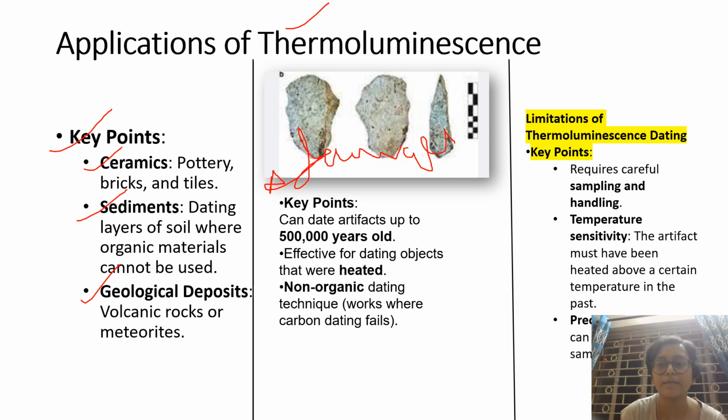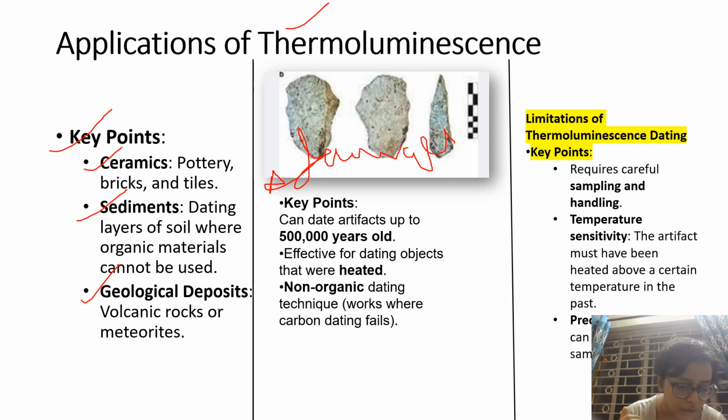Now let us discuss the limitations of thermoluminescence dating. So what are the limitations? Very quickly we will get into it. TL dating is firstly a technique that requires careful sampling, as I have discussed earlier, and you have to handle it very gently so that you can preserve it and it doesn't get contaminated.